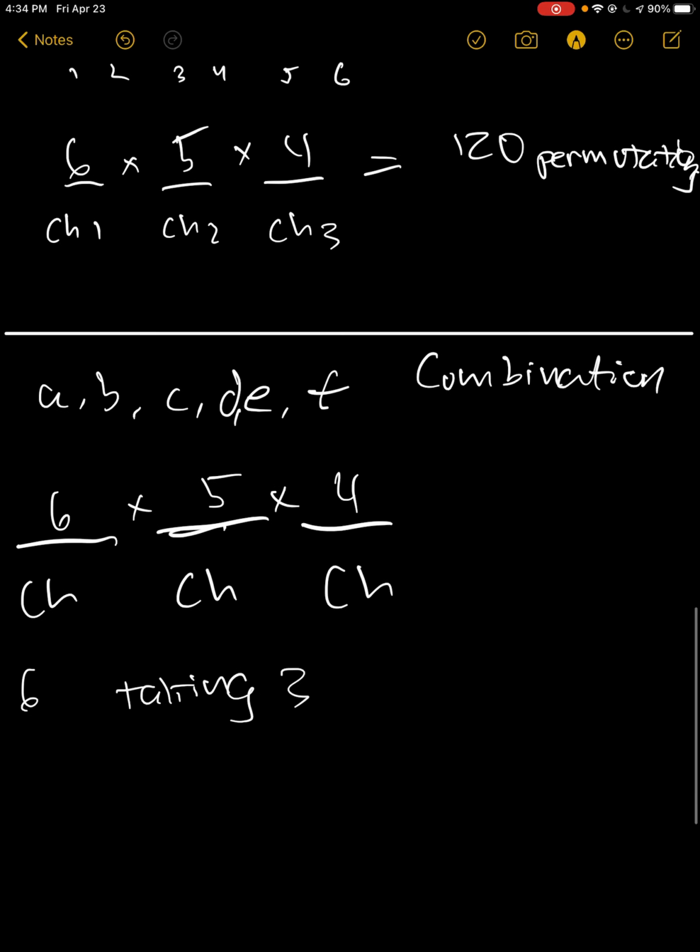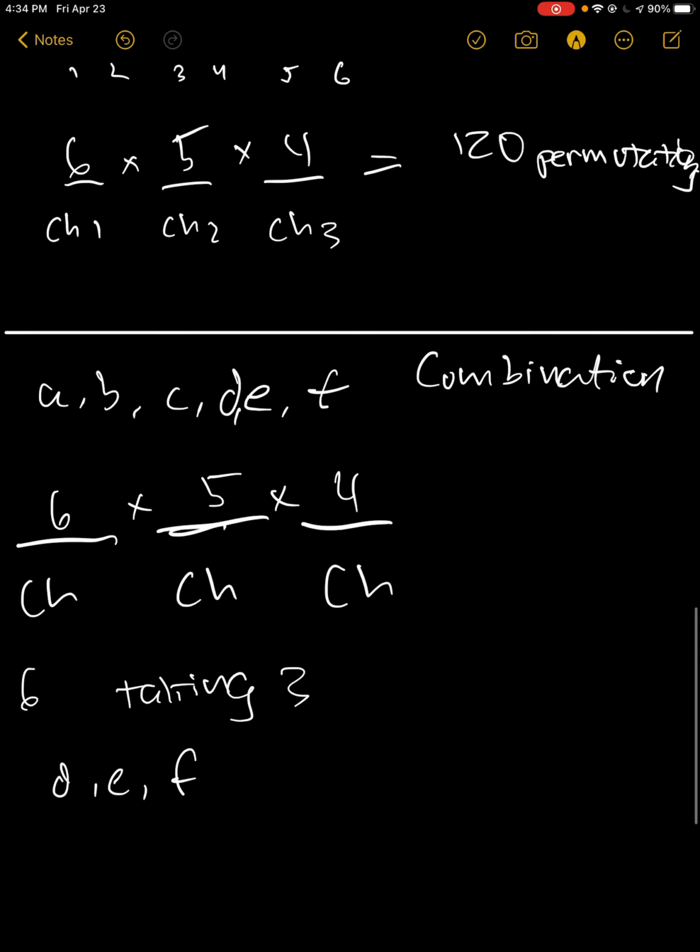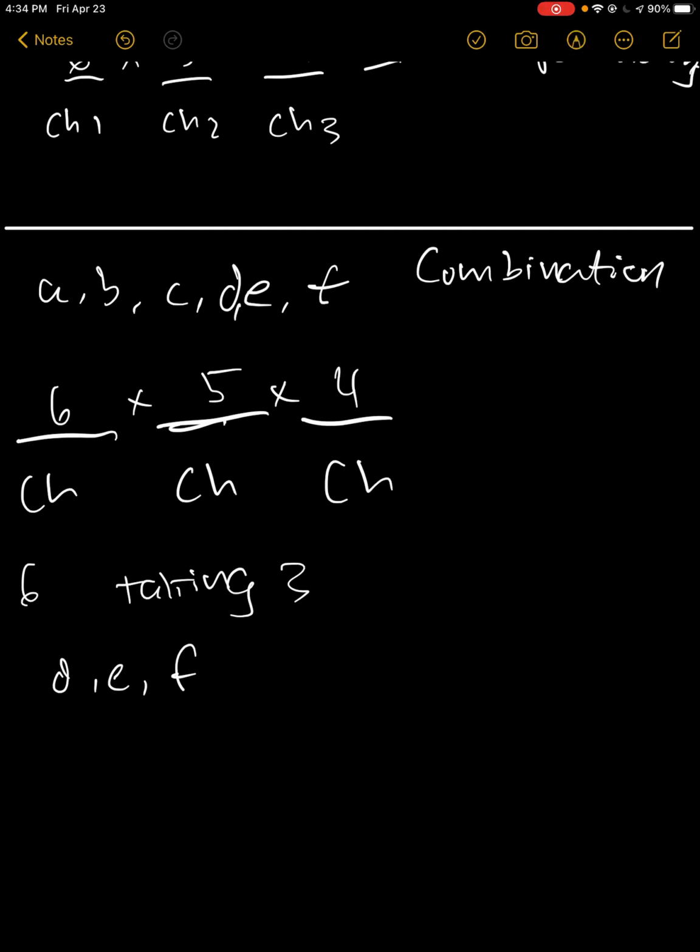So what we need to do here now, let's say that we choose D, E, F. How many different ways are there to write D, E, F?